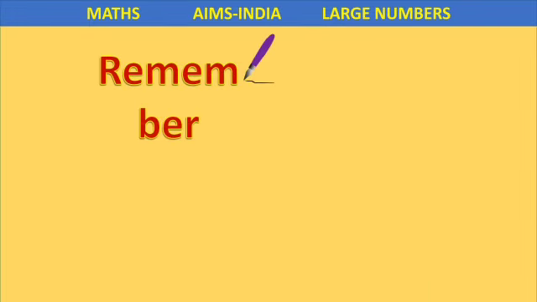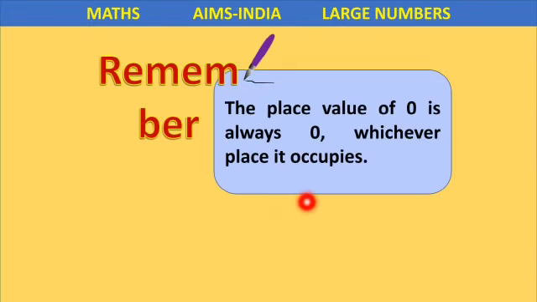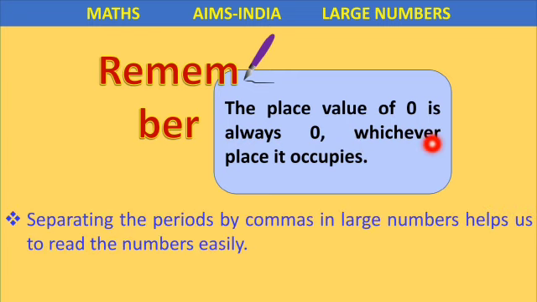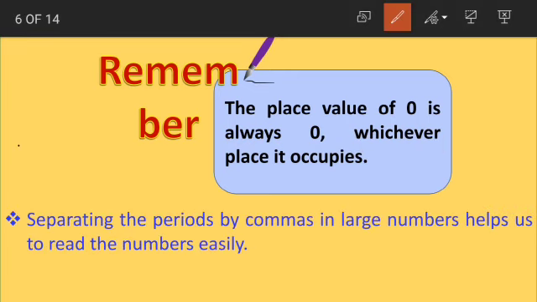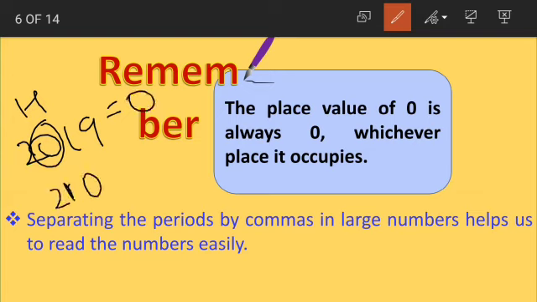Moving on. Always remember that the place value of 0 is always 0, whichever place it occupies. In this number, 0 is at hundreds place. Now what will its place value be? Its place value will be 0 only. Again, if the same 0 was in tens place, what will its place value be? Its place value will be 0 only.